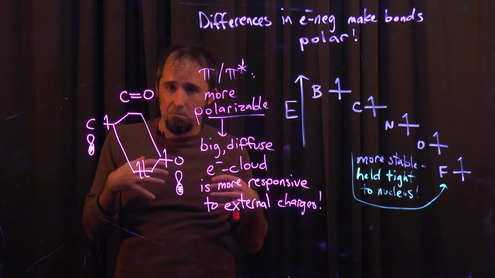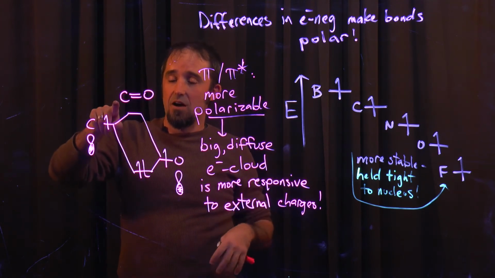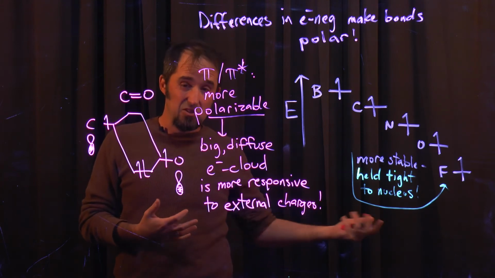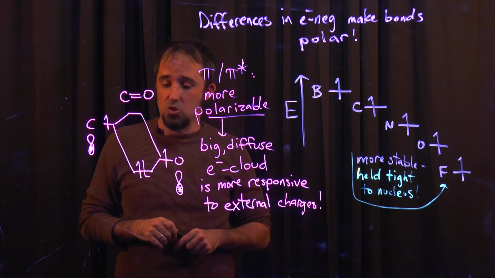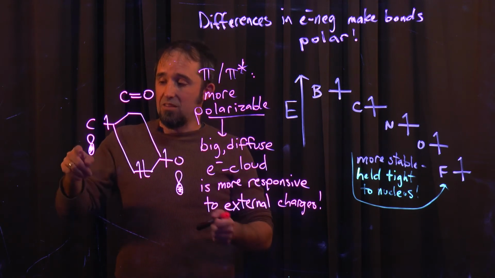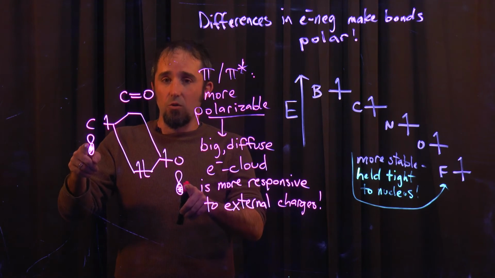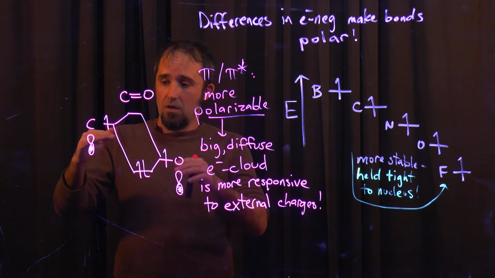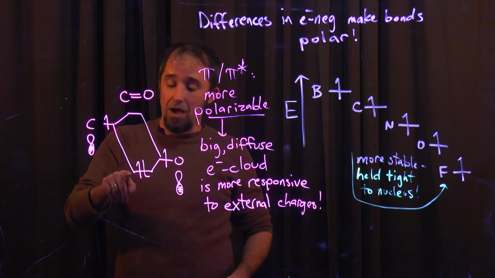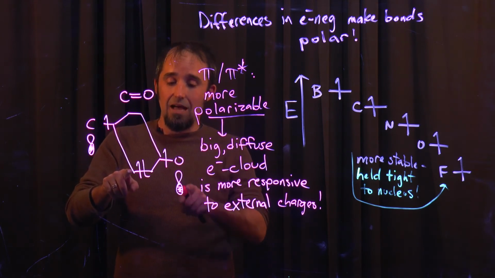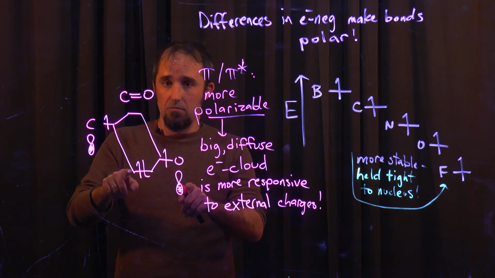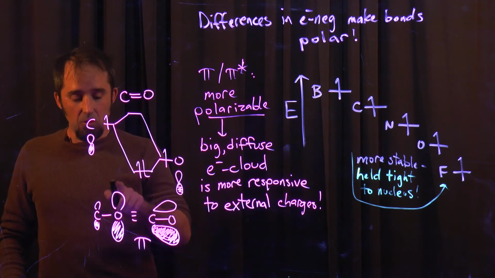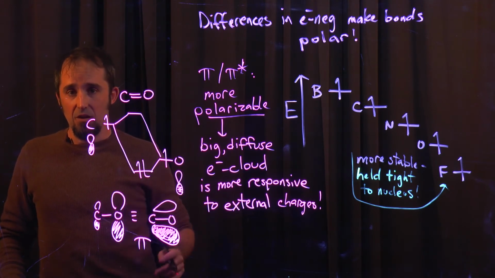So an example, we're going to talk a lot about the carbon-oxygen double bond in this class, and especially in chemistry 252. So the orbitals look like this, right? We're going to build our pi orbitals from p orbitals, just like we did with carbon and carbon. Again, my pi orbital is going to look a lot like this oxygen pi orbital. So these aren't great drawings. We can think of them like this. Again, this is mostly the oxygen with a little bit of carbon mixed in.